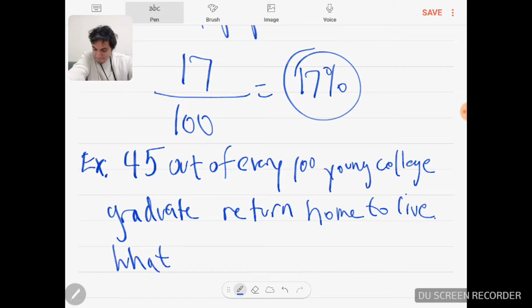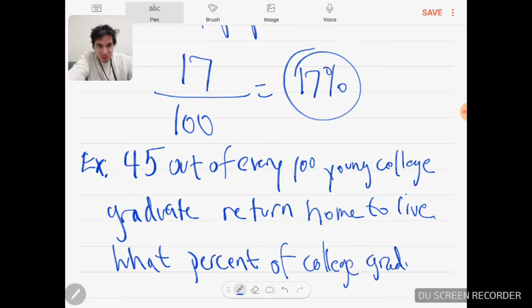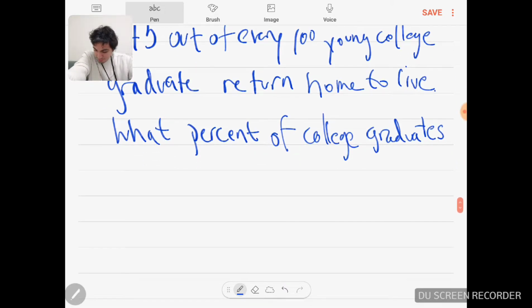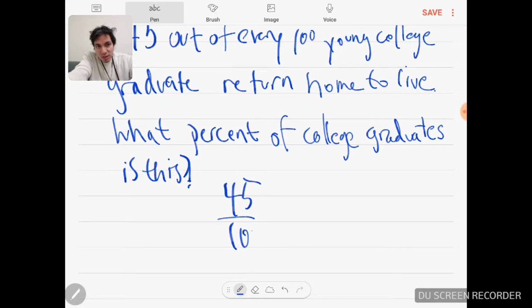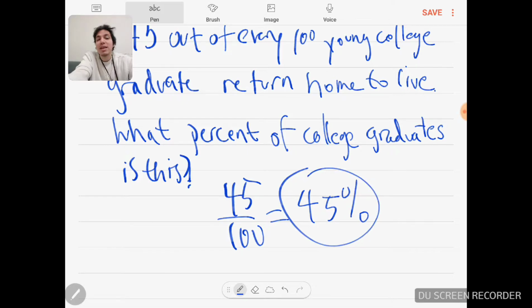What percent of college graduates is this? So again, if we know 45 out of every 100 young graduates return home to live, well, that would be 45% as your answer.